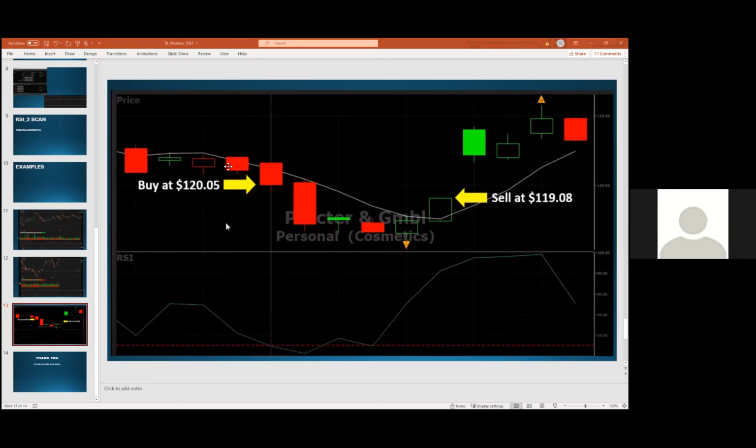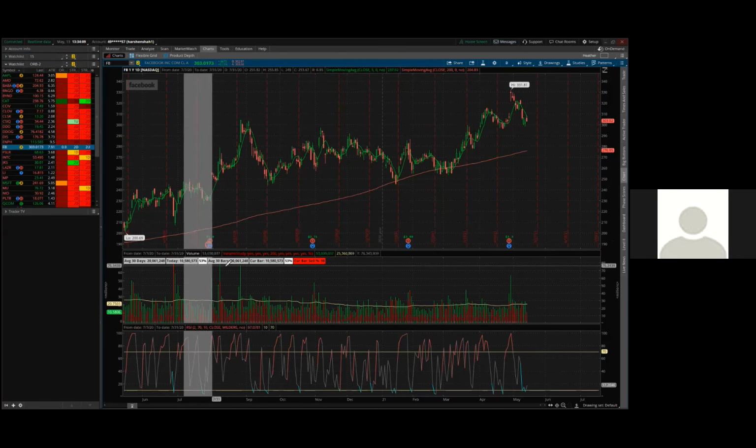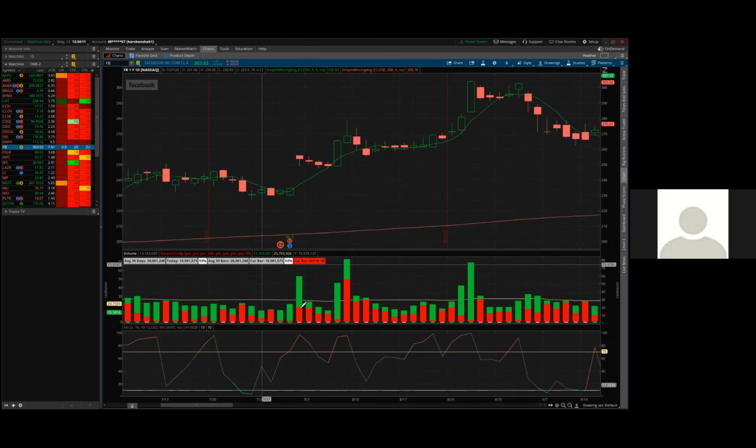So let me show you what it looks like on the actual TOS chart itself, just like I showed before. You see, absolutely simple. Pick any particular day over here. Let's just say Facebook. Here's your 5-day SMA. Around over here, the RSI matches, it's closing below this line. This light blue indicates that it closed over here. So you made your entry at about 230 or so, close to the market close, let's say 231.